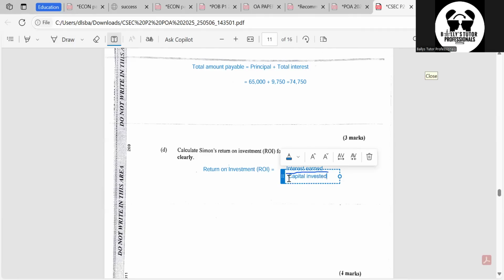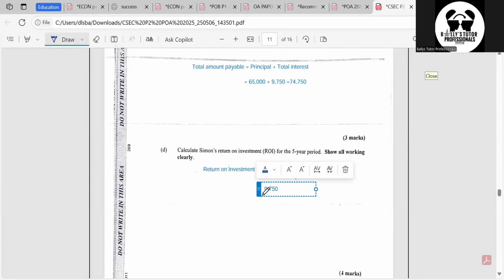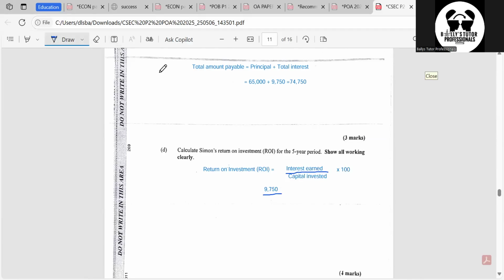And then multiply by 100 to change it into a percentage. So in this case, the interest earned was 9,750. Capital invested was 65,000. Multiply by 100, and it'll give you 15%.